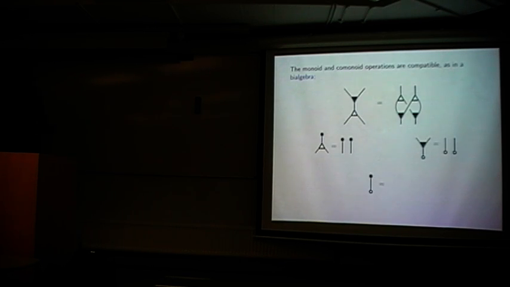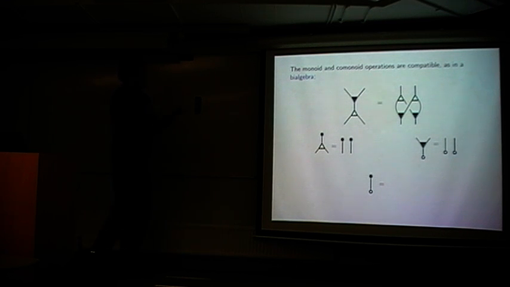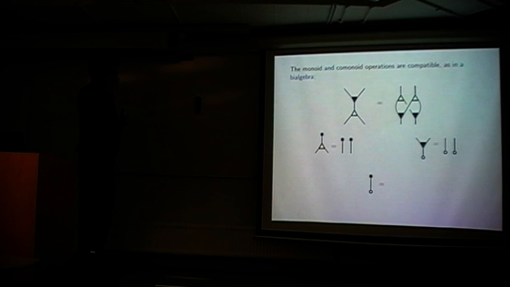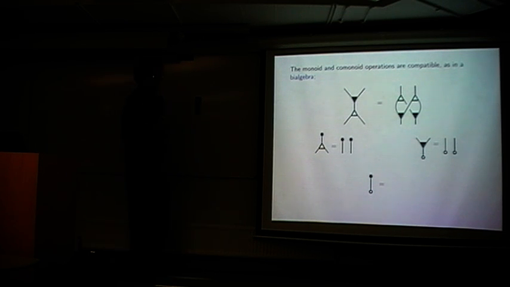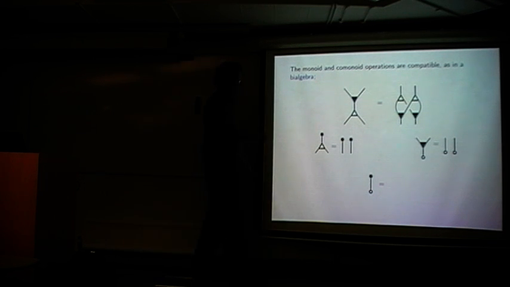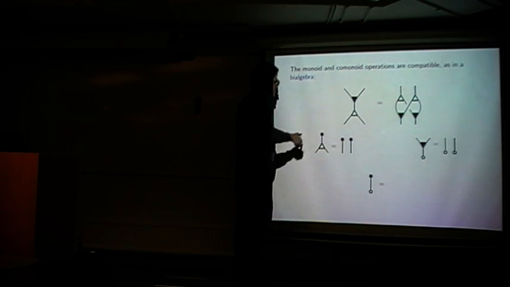But then the monoid operations and the comonoid operations fit together in a beautiful way. They obey these laws that some people are very familiar with from studying Hopf algebras or bialgebras. So here, this is the most exciting one, the top one here.